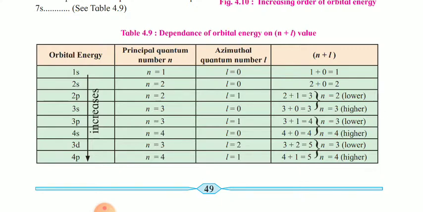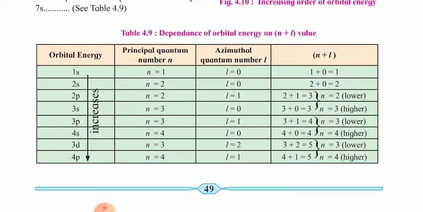Suppose the orbital is 1s: the principal value is n equal to 1 and the azimuthal quantum number is 0. If we apply the rule n plus l, we get the value 1. This is the dependence of orbital energy.